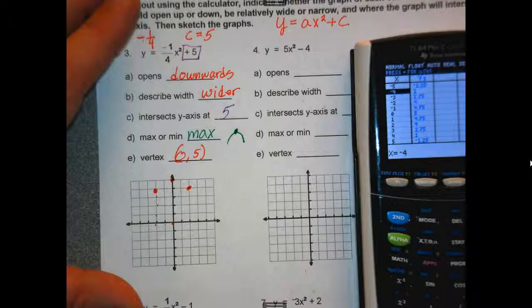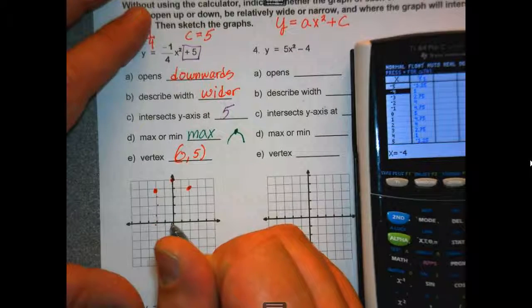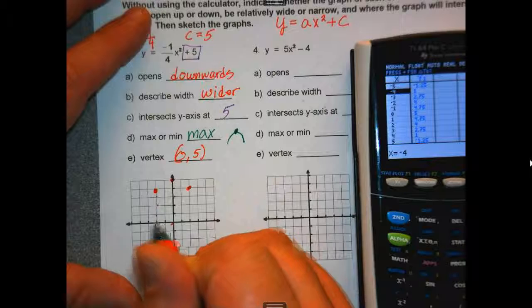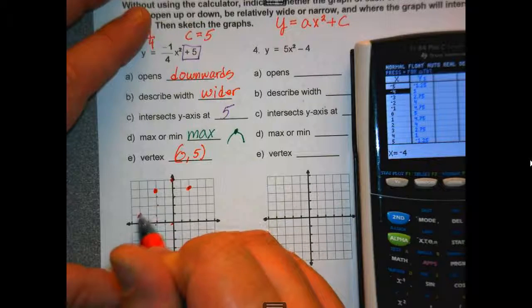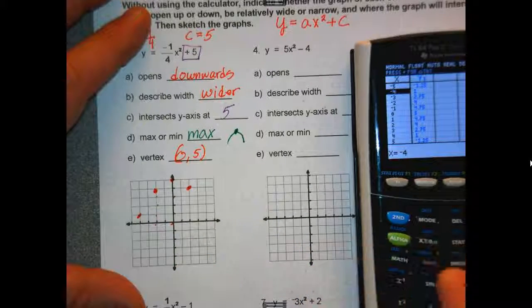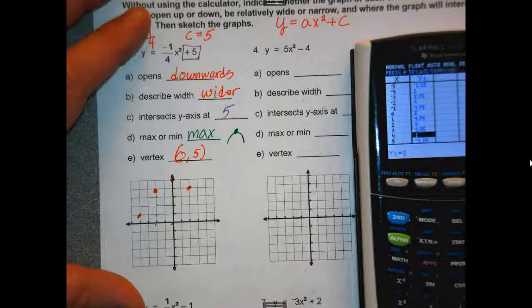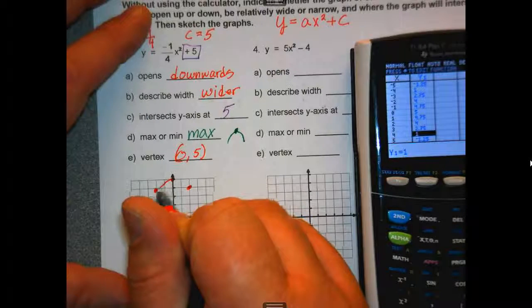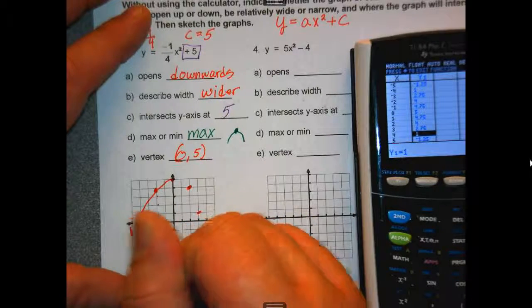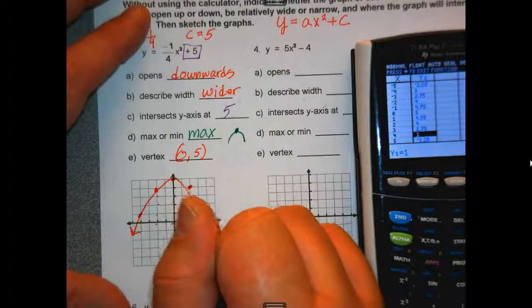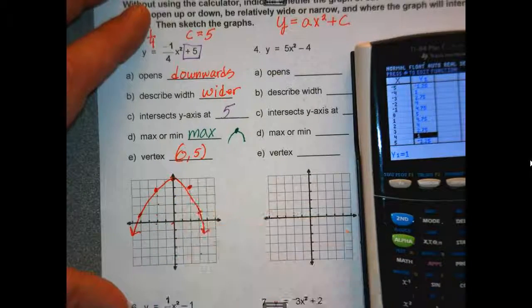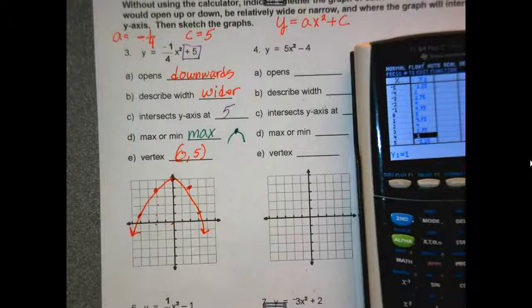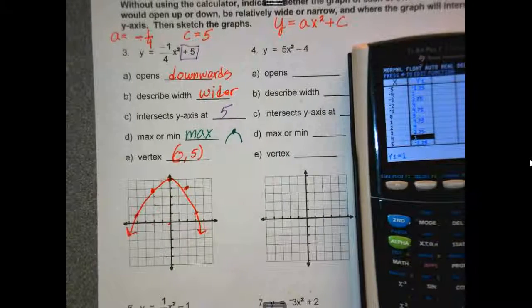I'm just going to go ahead and put 5 points, but that's just my preference. Negative 4, 1, and then I have positive 4. This makes it a little bit more accurate. Okay? And there's my sketch.